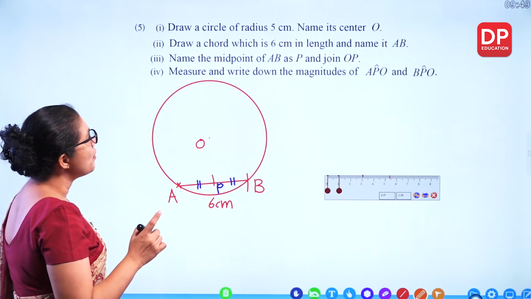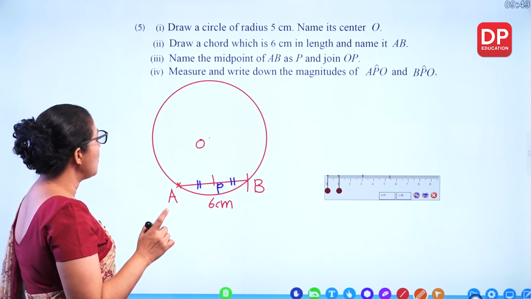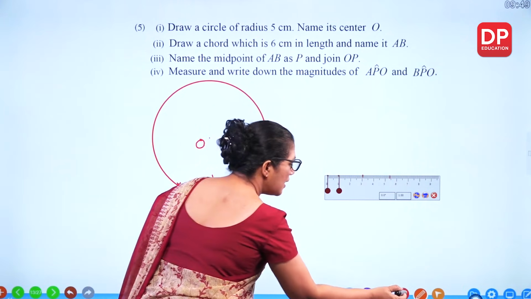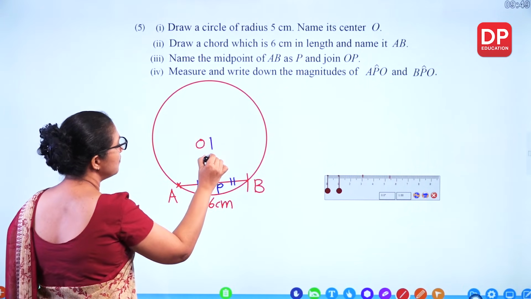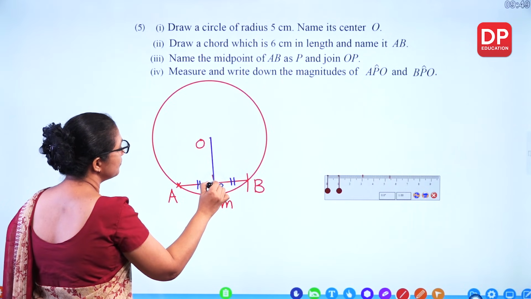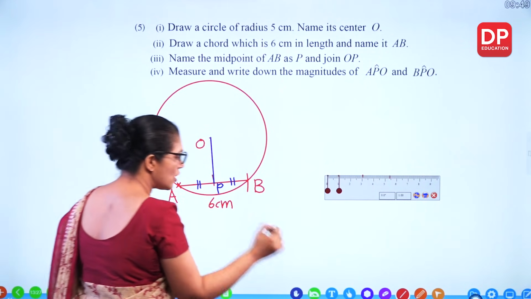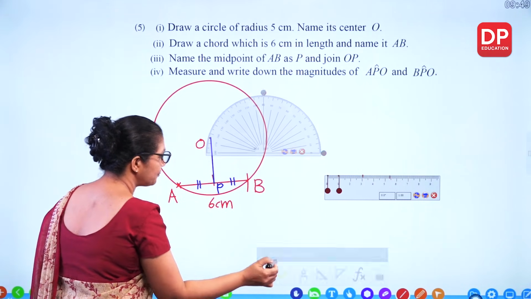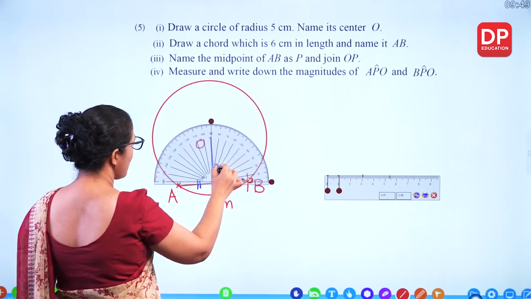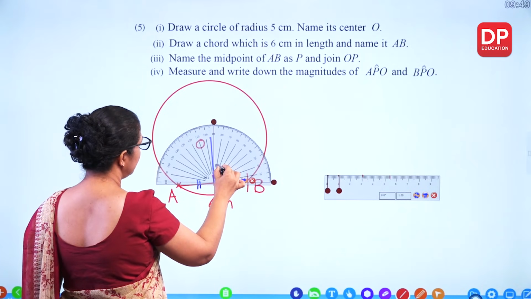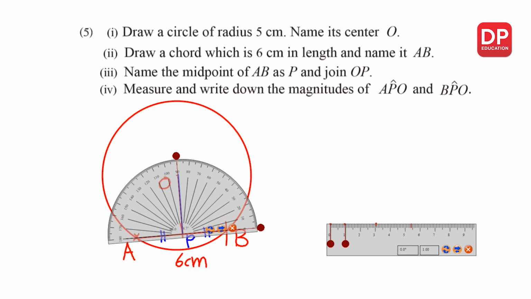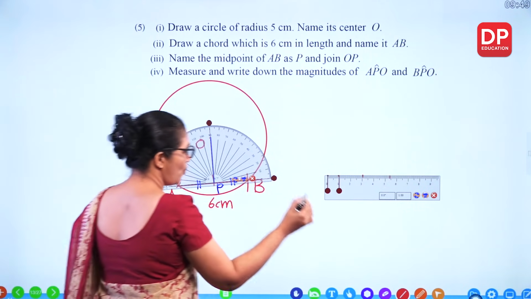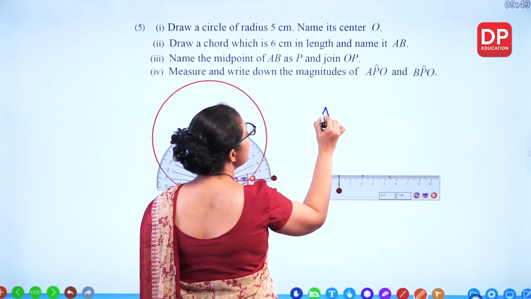Measure and write down the magnitude of angles APO and BPO. So we'll join O and P, and measure using the protractor. APO, we get 90 degrees.